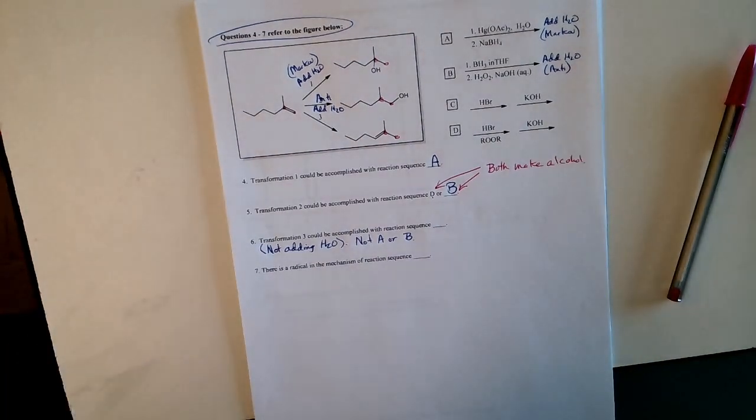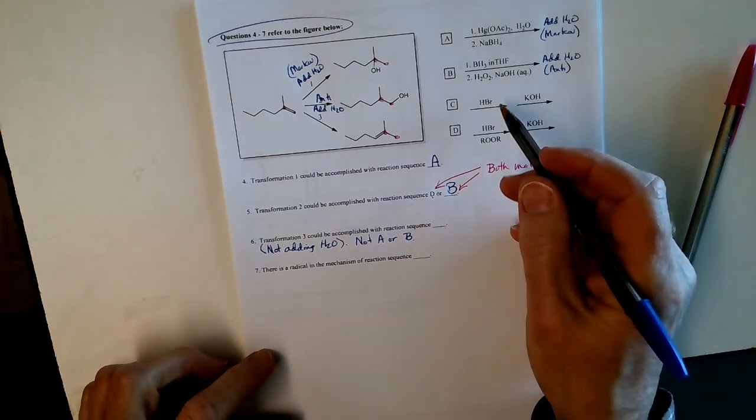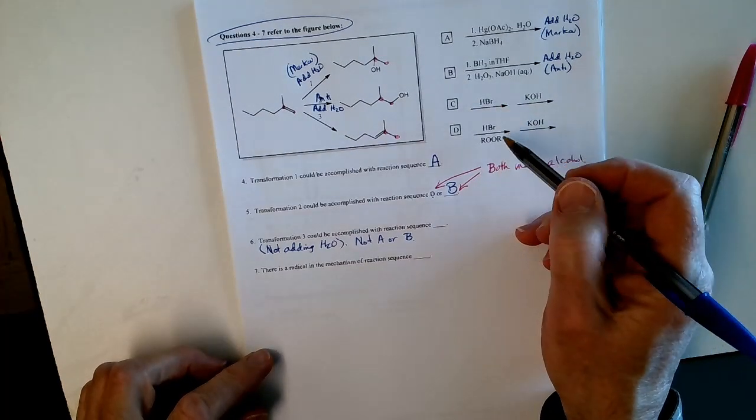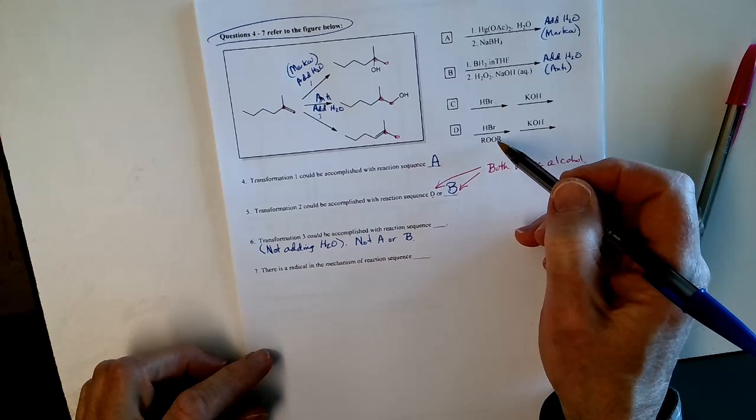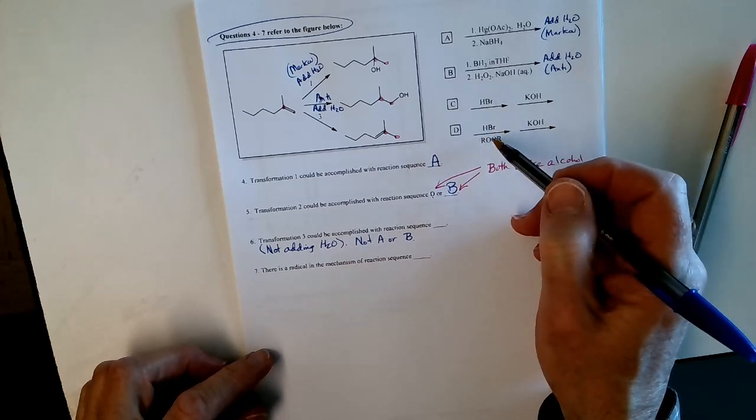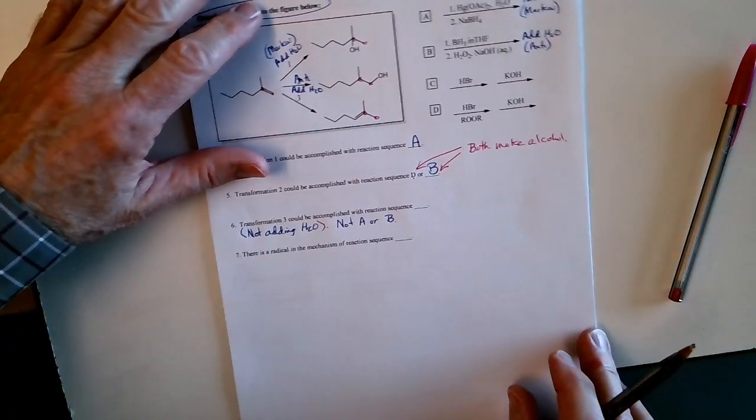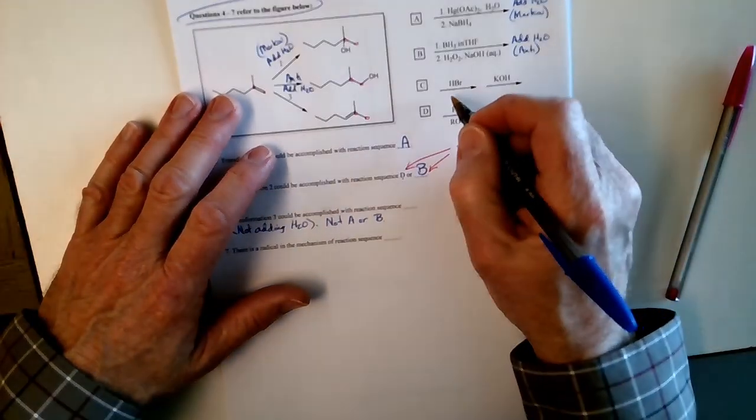Which one is it? Well, let's look at what's being proposed here. Both of these start out with HBr, but one of them has a big difference from the other one. It's got a little bit of peroxide thrown in, so that means that you know it's going to be backwards.